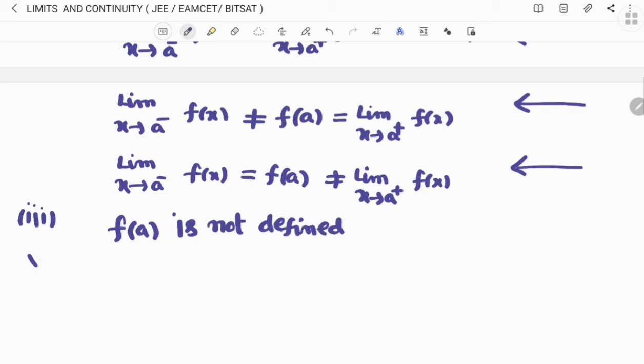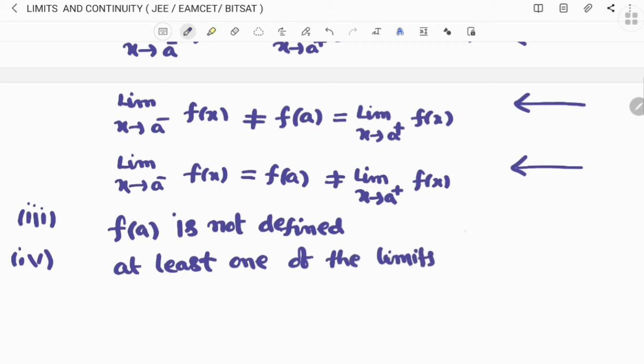And in the last case, the fourth one, at least one of the limits does not exist. These are the cases where the function is not continuous, or discontinuous.